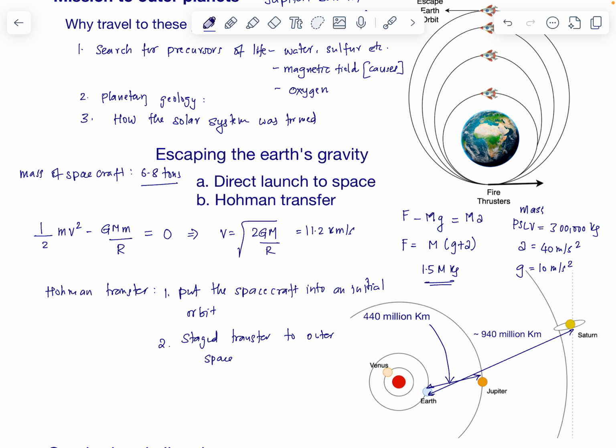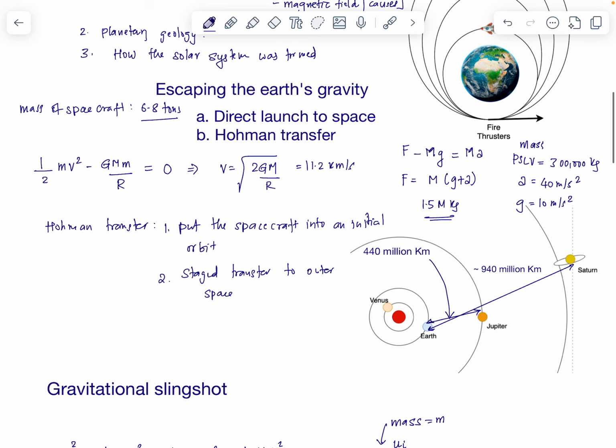We know exactly the location of the spacecraft and its velocity, and since this is done in stages, we can do it one step at a time and not worry about throwing the spacecraft into outer space directly and hoping that everything works. Okay, so there is that.